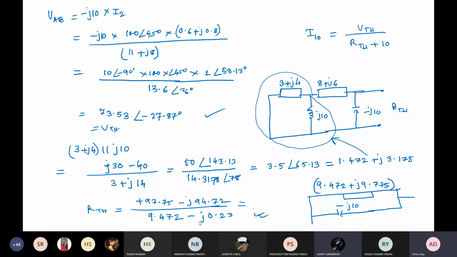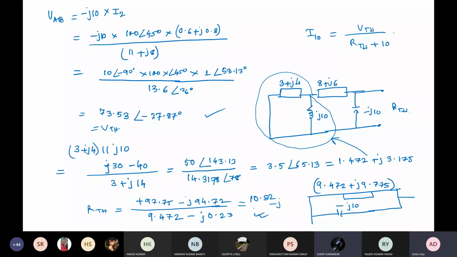So it is 97.75 divided by 9.472, so this is 10.32 minus j. So what is your VTH?